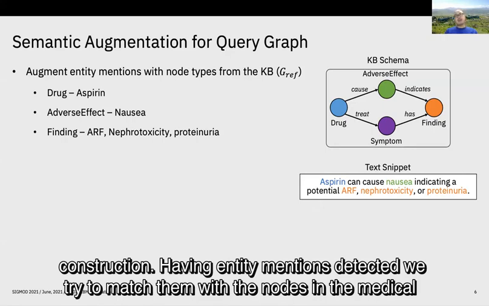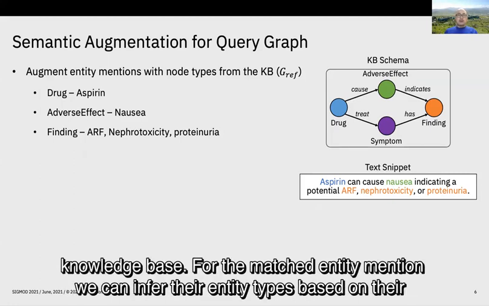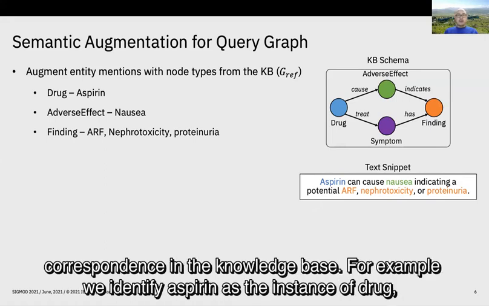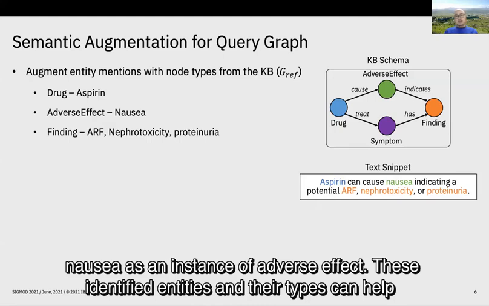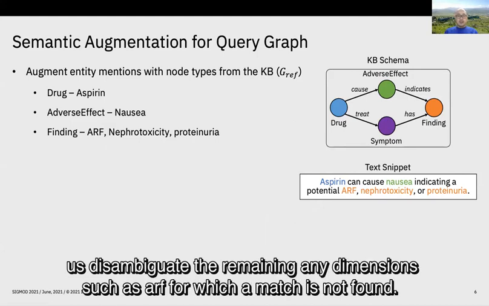Having entity mentions detected, we try to match them with the nodes in the medical knowledge base. For the matched entity mentions, we can infer their entity types based on their correspondence in the knowledge base. For example, we identify aspirin as an instance of drug, nausea as an instance of adverse effect. These identified entities and their types can help us disambiguate the remaining entity mentions, such as ARF, for which a match is not found.